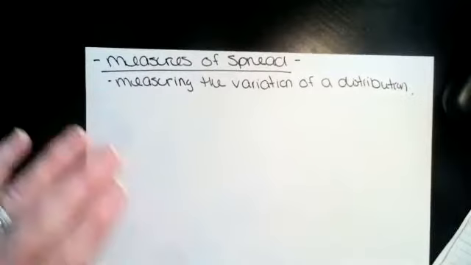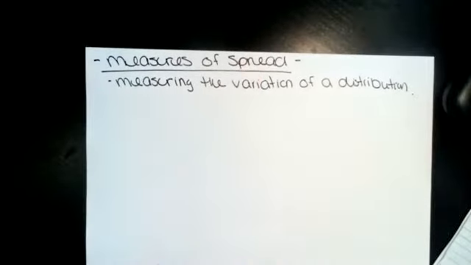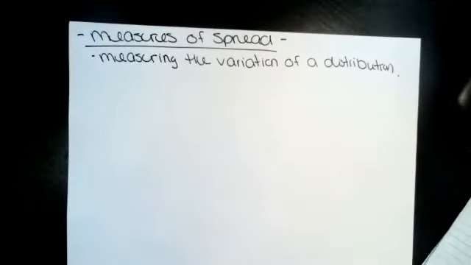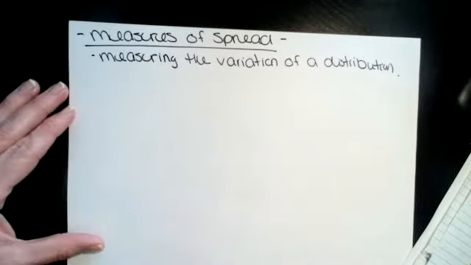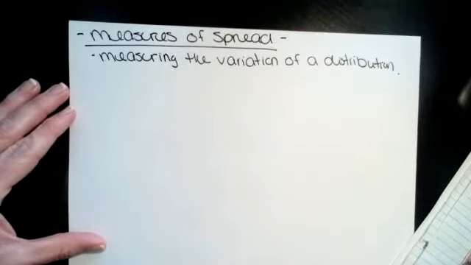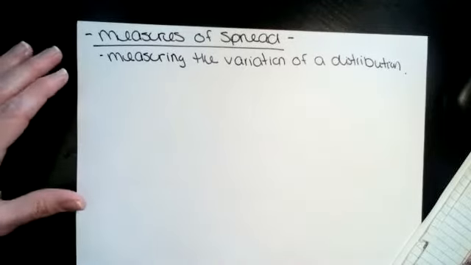So I'm measuring the variation, okay? So how spread out my data values are. And we have multiple ways of doing this. Again, it's like the center. We'll have different ways, and we'll know when to use the different ways. So again, I have 3 different ways. We really use one way more than any of the others, but we'll go through all of them.